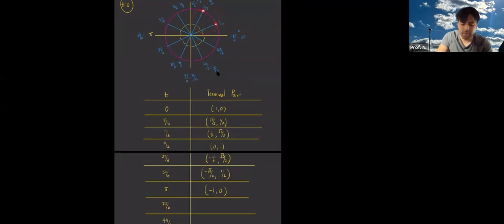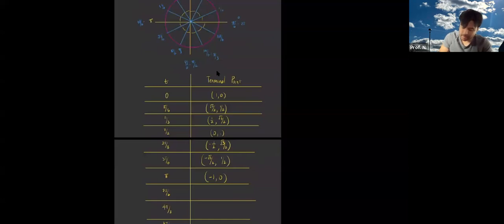The other ones will be exactly the same coordinates, it's just the signs will be either positive or negative, depending upon what quadrant you're in. So for example, 7 pi over 6: I'm in the third quadrant, so all the x and y coordinates are negative. The reference angle is pi over 6. So if I know pi over 6, which I do, just negate all of them, and I get negative rad 3 over 2, comma, negative 1/2.